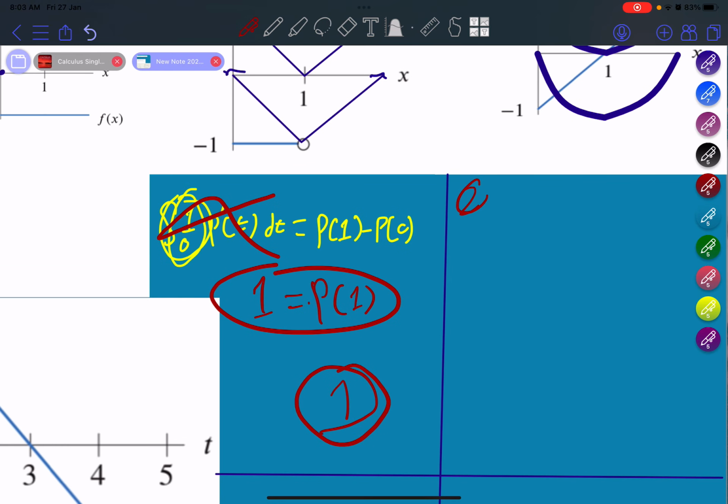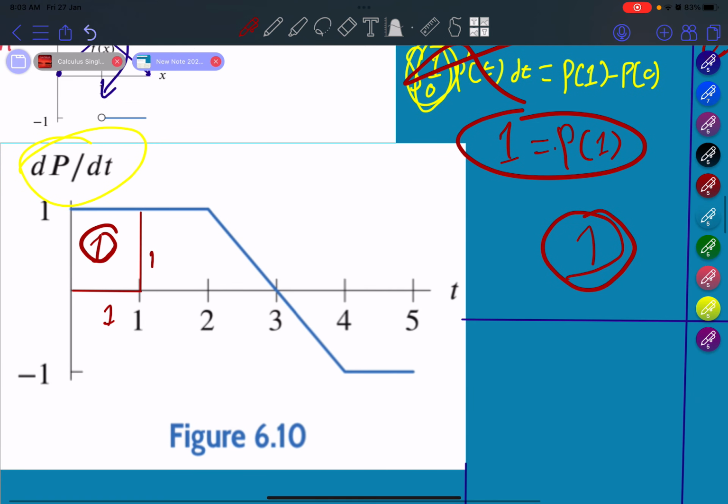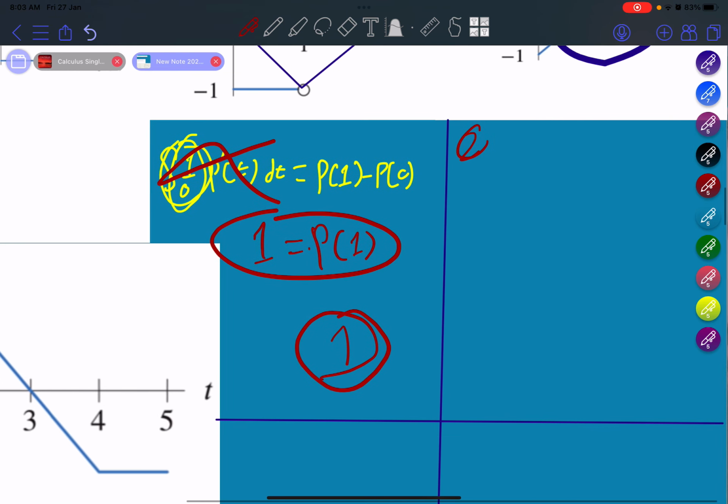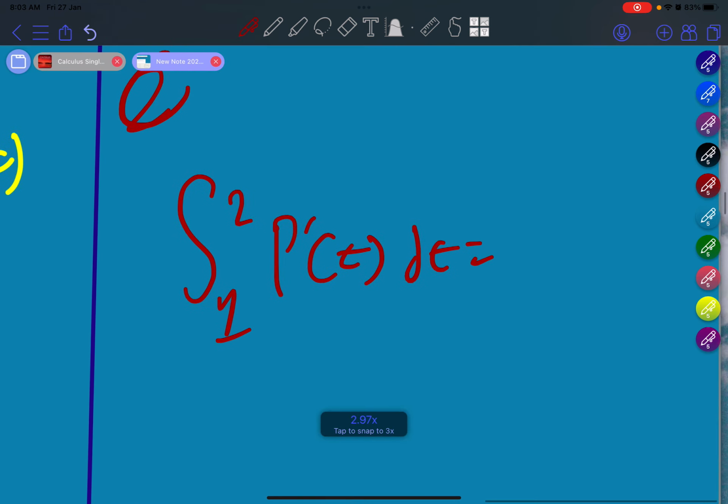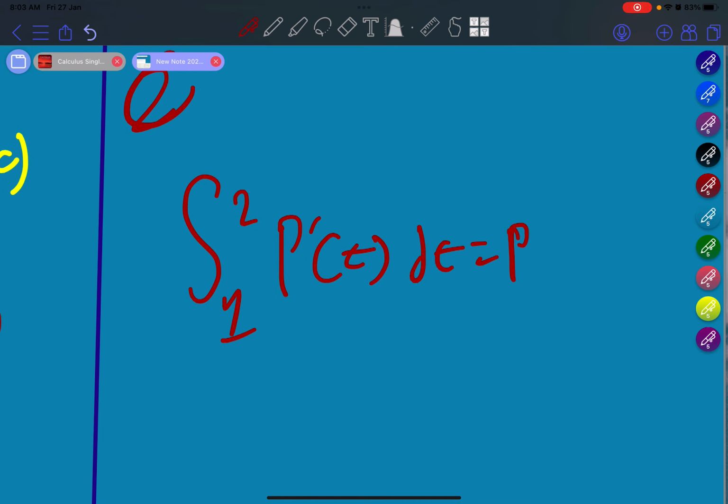Second, we'll take the area under the curve from 1 to 2. So the integral from 1 to 2 of p prime of t dt will equal p of 2 minus p of 1.